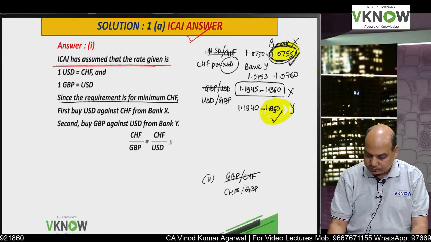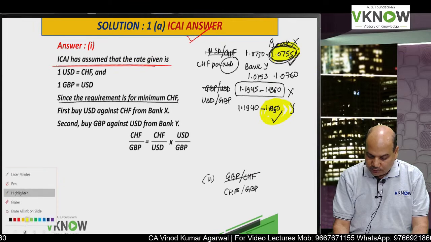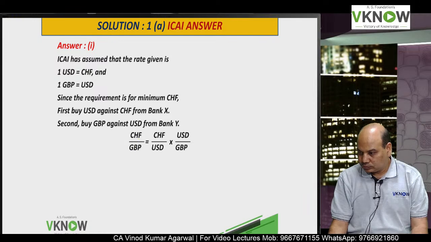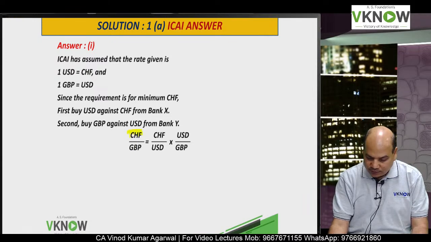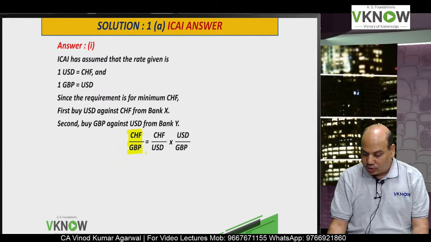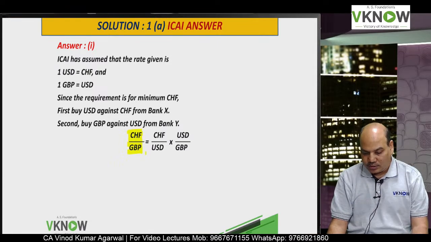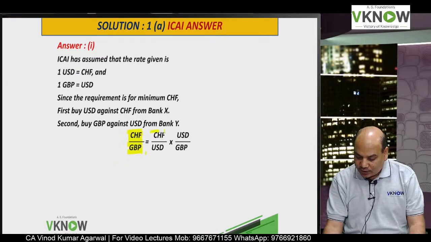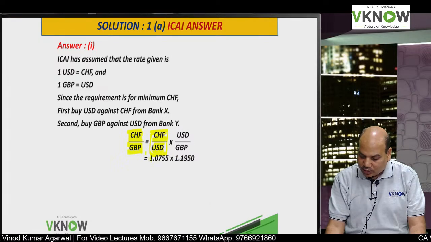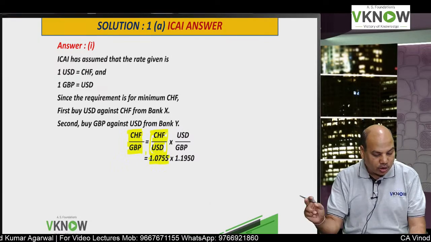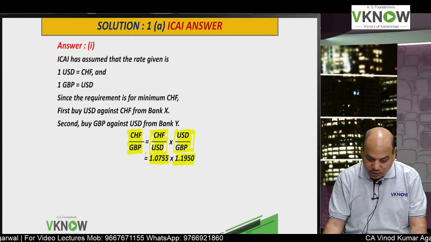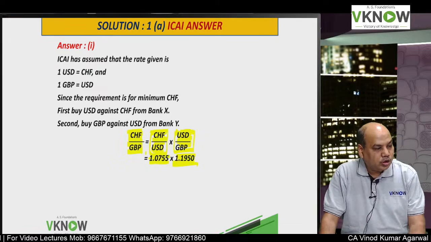Now write down the cross rate formula. CHF per GBP is equal to, I need CHF per GBP, CHF per USD into USD per GBP. We have already decided for CHF per USD I will take 1.0755, the lower of the two rates, and for USD per GBP I will take 1.1950, the lower of the two rates.